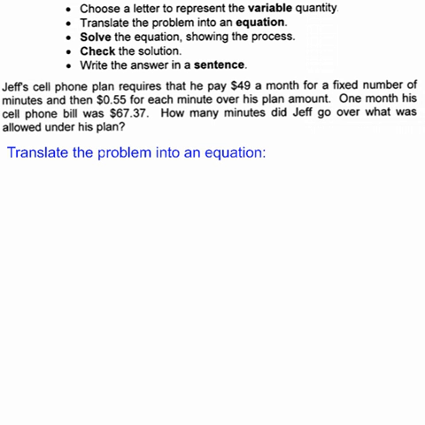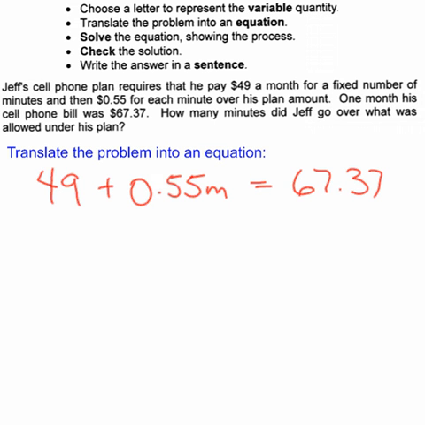Well, he pays his $49, and then he pays 55 cents times each minute. So for each minute I pay 55 cents. And then for the month that we're talking about, all that added together gave us $67.37. That's our equation.